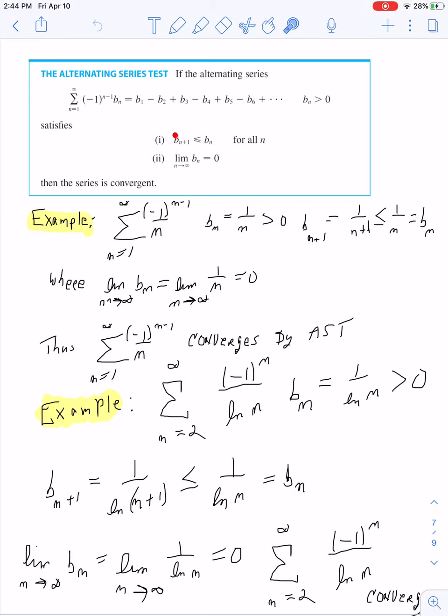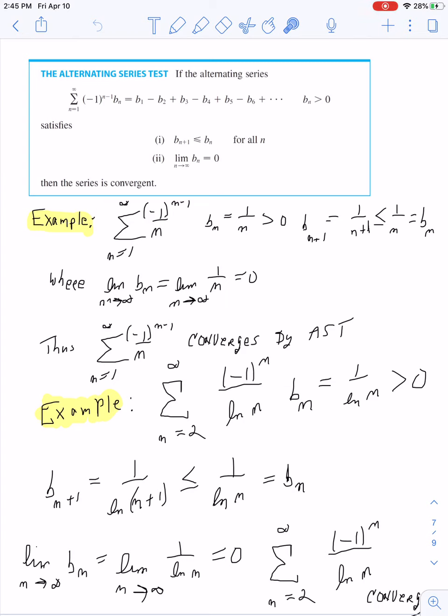This criterion is satisfied. Now I need only check that the limit as n tends to infinity of Bn is 0. Well, what is the limit as n tends to infinity of Bn? That's the limit as n tends to infinity of 1 over n, and sure enough, that's 0. So I have an alternating series. Criterion 1 is true. Criterion 2 is true. What do I conclude? That this series converges by the alternating series test. Okay, so that series converges.